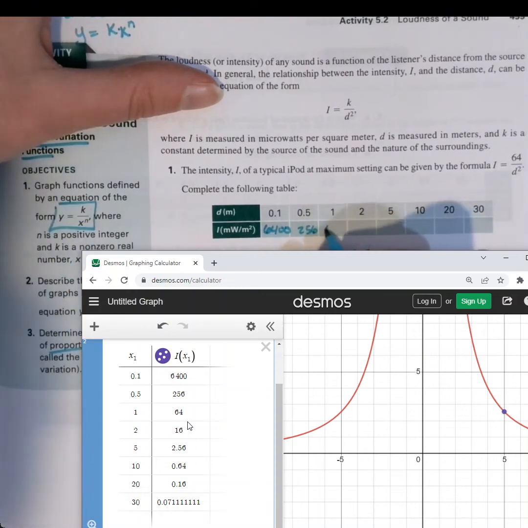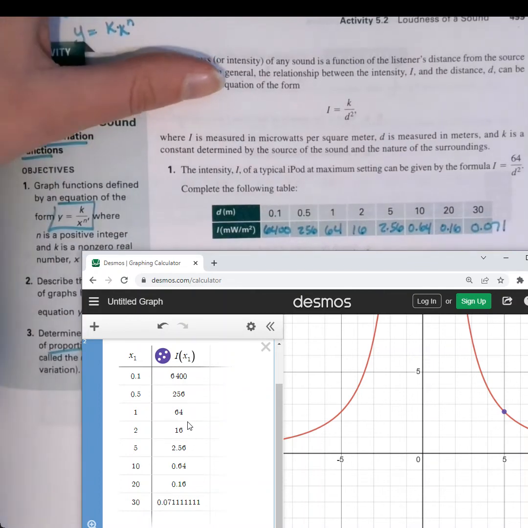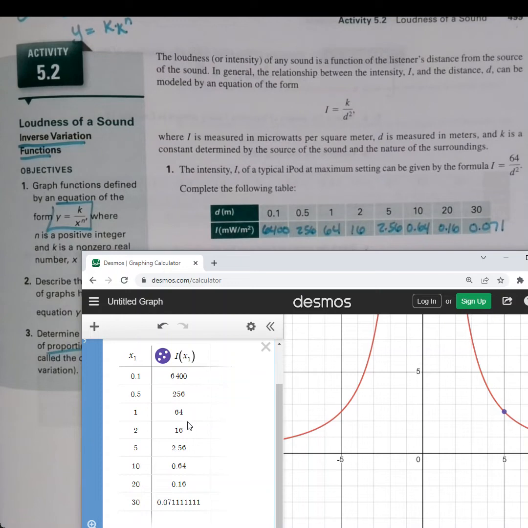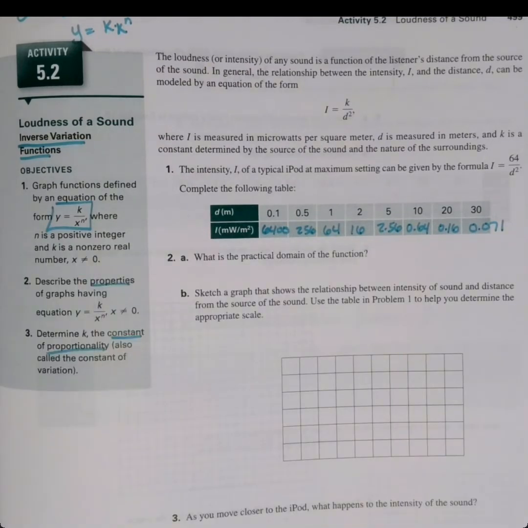For 1, we've got 64, then 2, 16, 5, 2.56, then 0.64, and 0.16, and 0.071. All right, so those are the different intensities depending on how far away you are from the iPod.